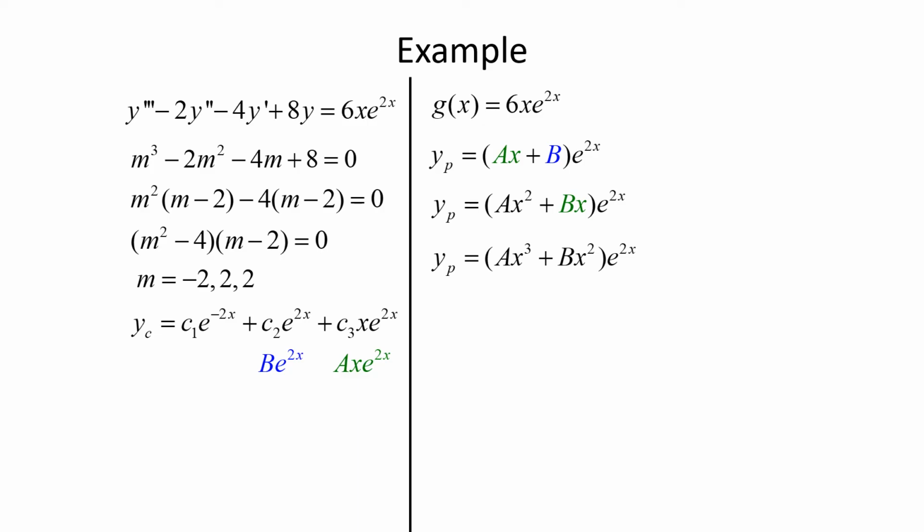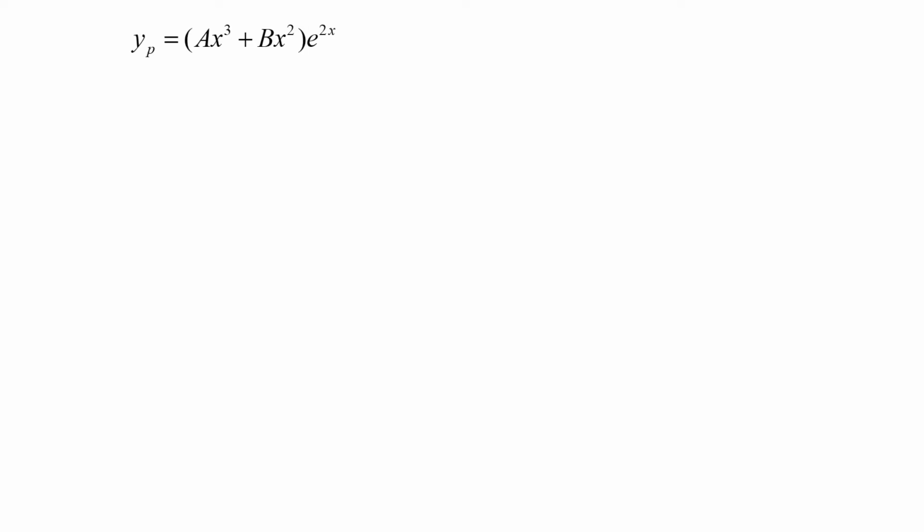differential equation. So if we take our derivatives of yp equals (ax cubed plus bx squared) e to the 2x, we'll get yp prime equals (2ax cubed plus (3a plus 2b) times x squared plus 2bx) e to the 2x.